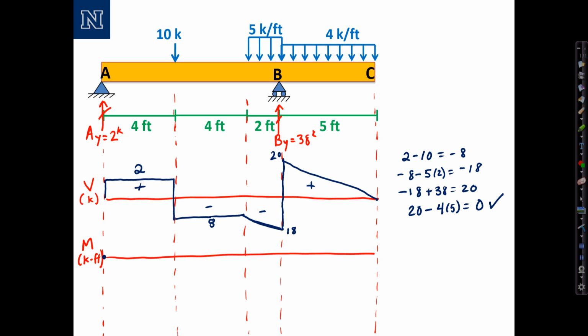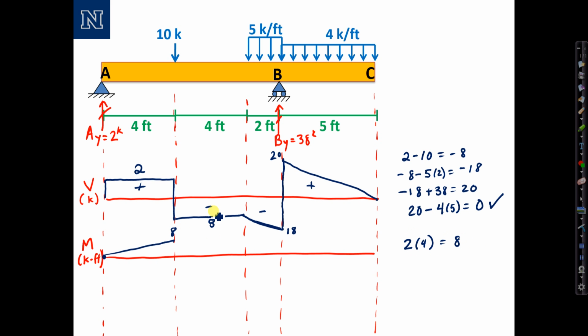Since the shear is positive, the moment is going to increase, so I'm going to draw that as a straight line. And the value at this point I can calculate as the value at the left end, which is 0, plus the area of the shear diagram. So let's do that. The area of the shear diagram is 2 times the length, 4, is equal to 8. So that's my value at this first location.